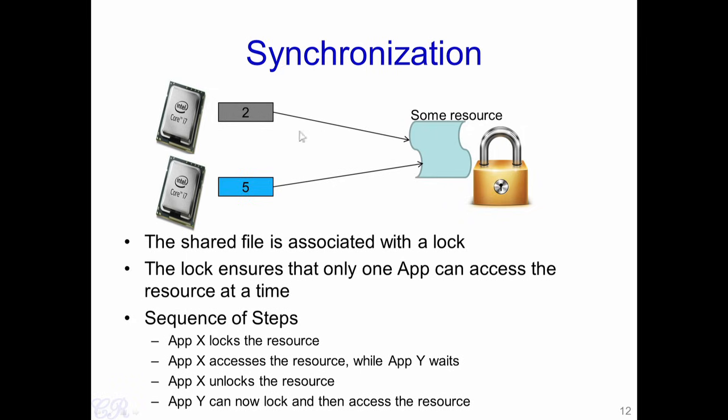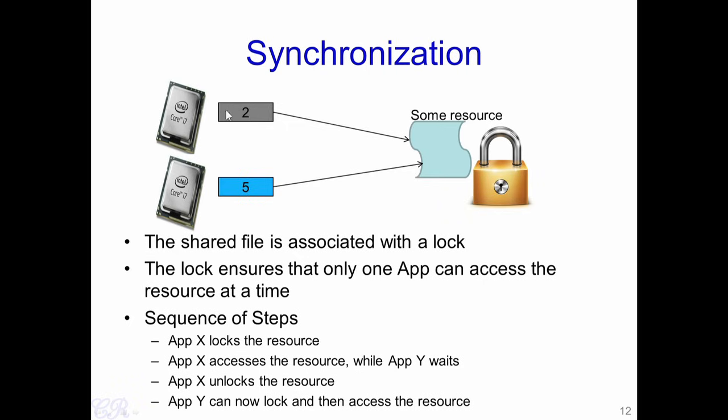So, for instance, we have application X which wants to use the resource. In such a case, application X should lock the resource. Locking the resource would mean that no other application, such as app Y or 5 in this case, would be able to use this resource.